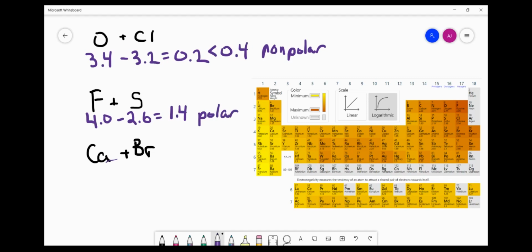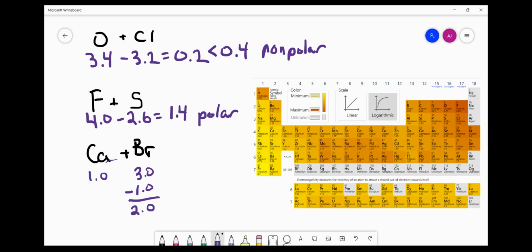In our final example here, we have calcium with an electronegativity of 1.0, and bromine has an electronegativity rounded up to 3.0. And remember, always just subtract the smaller value from the larger value. And we have a difference of 2.0.